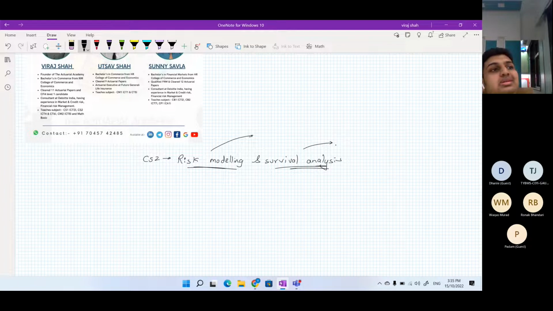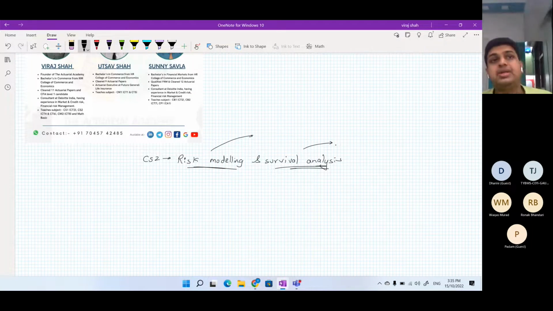How is it done? How do we model it? How do we make sure that the mortality is as per the population which we are expecting? Those analyses, with respect to undertaking a mortality table and analyzing the number of individuals dying, mortality, morbidity, those things we'll be learning in detail.